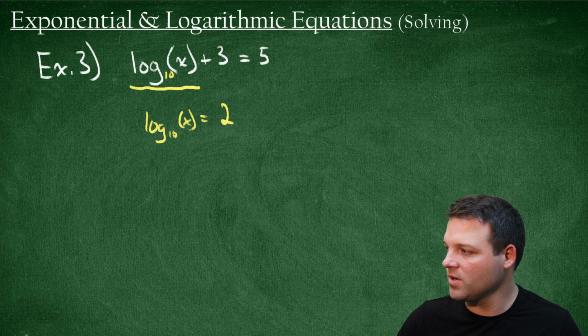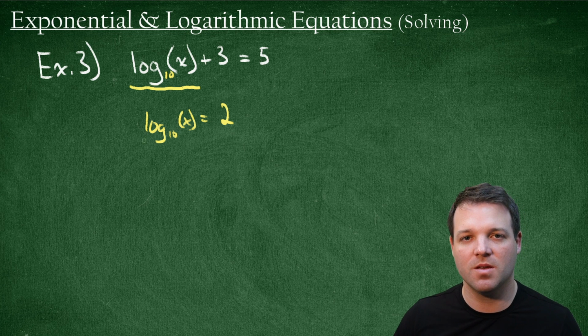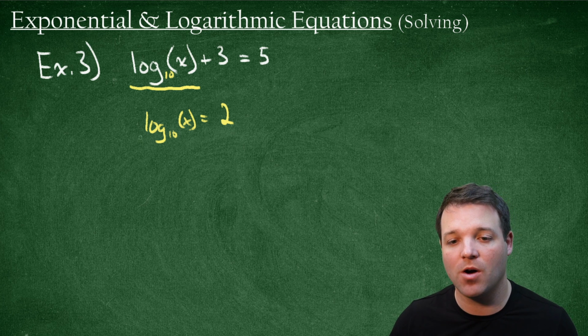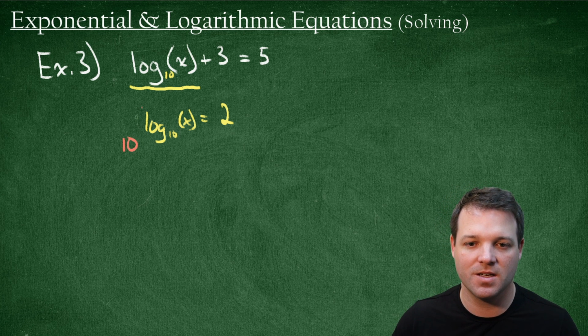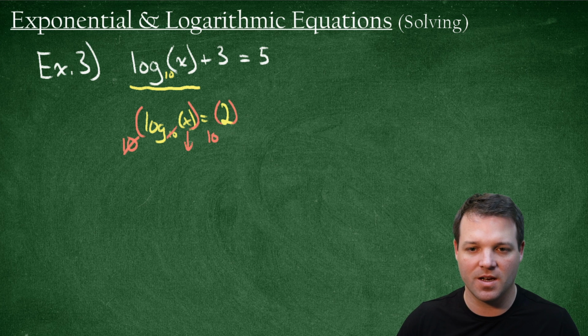And in order to get rid of a log base 10, I need to take both sides to the power, or 10 to the power of each side, right? So that is 10 to the power of the left side and 10 to the power of the right side. All right, and so on the left-hand side, I'm both repeatedly multiplying and dividing by 10 over and over again, so that x in parentheses is going to just pop out of there. So x is equal to 10 squared, which is 100.